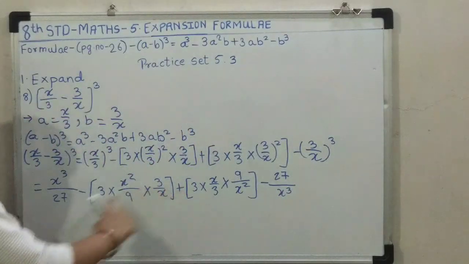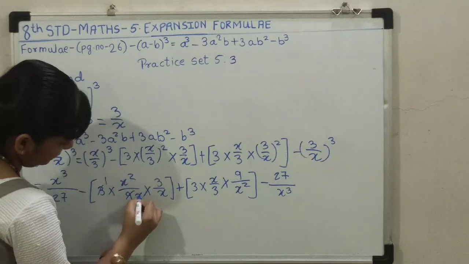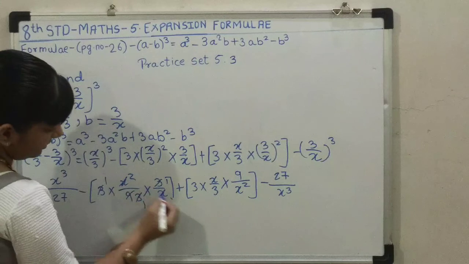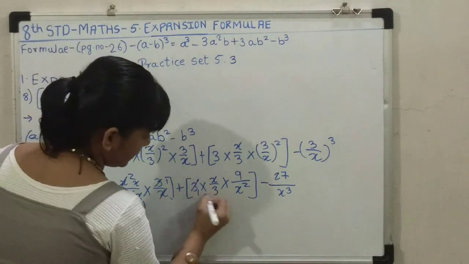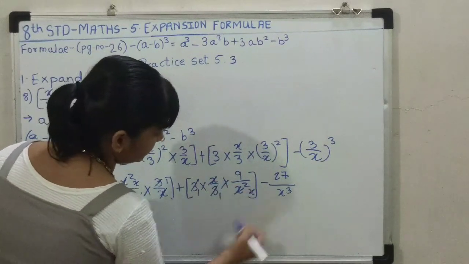So here we will do cancellations. 3 ones are 3 and 3 threes are 9. Here 3 ones are 3 and 3 ones are 3. And here 1 x cut, 1 x cut. So here 1 x will be remaining. And here 3 ones are 3, 3 ones are 3. And here 1 x cut, 1 x cut. So here 1 x is remaining.